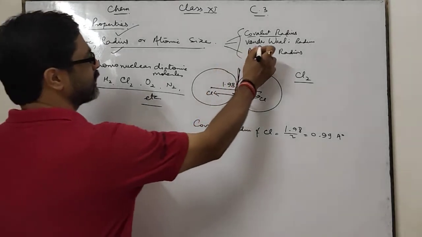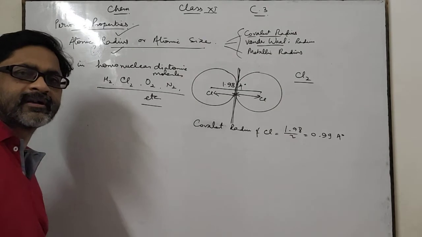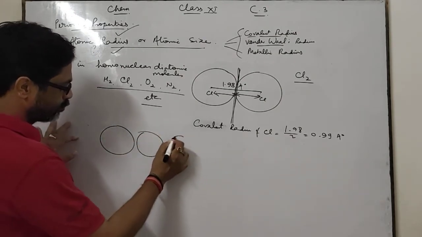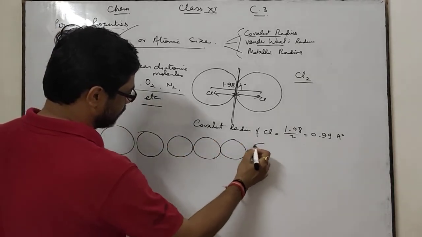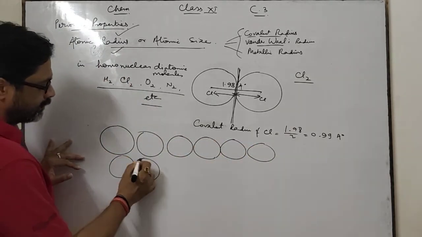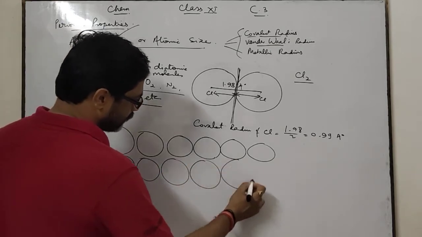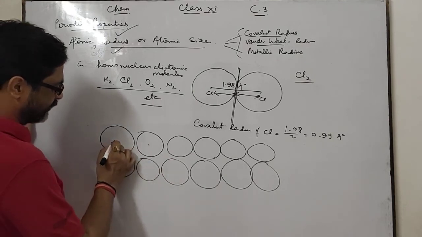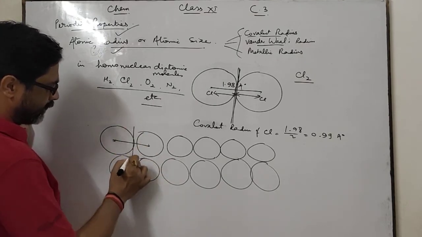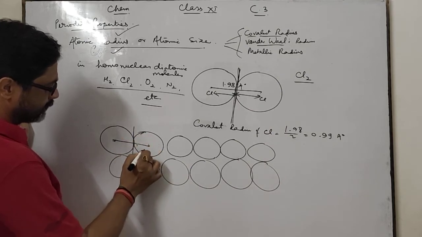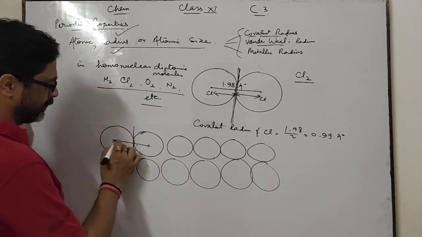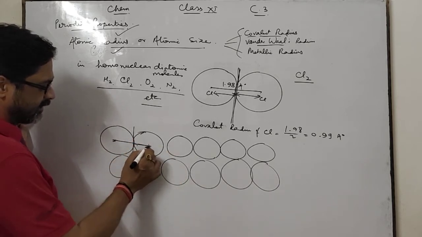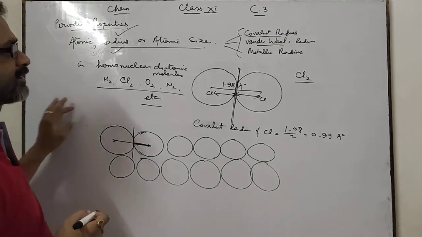What is van der Waals radius? In the solid state, you know that various atoms are arranged in this way. In van der Waals radius, half of the distance between the nuclei of two adjacent atoms is called van der Waals radius.